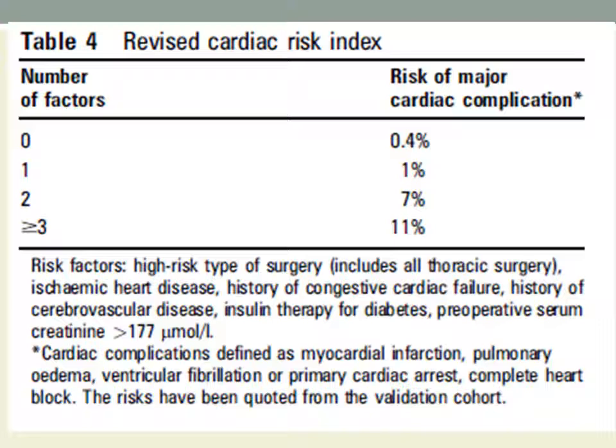One should avoid lung resection within 30 days of myocardial infarction, and we need the cardiology review for these patients. Three risk factors or poor cardiac functional capacity, then offer further investigation to the patient with two risk factors and a good cardiac functional capacity.